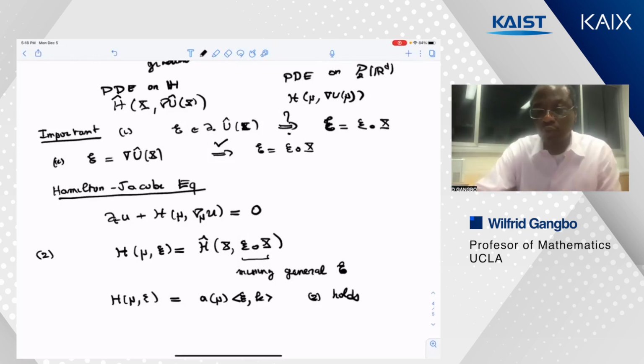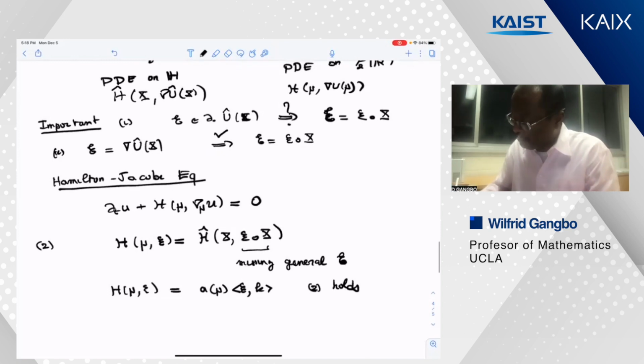Therefore, if I want to study a Hamilton-Jacobi equation with linear Hamiltonian, I can go from the equation on the set of probability measures to an equation in Hilbert space, and vice versa.